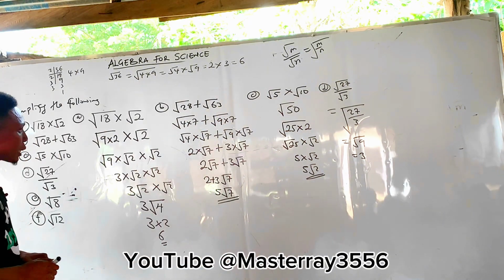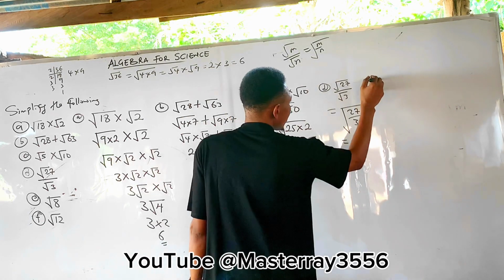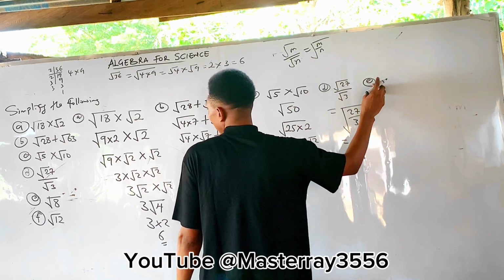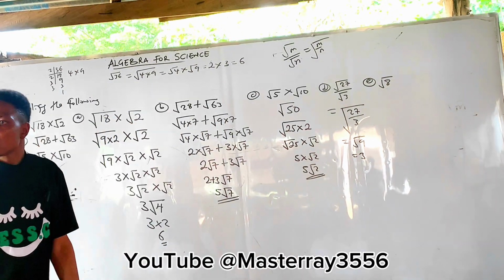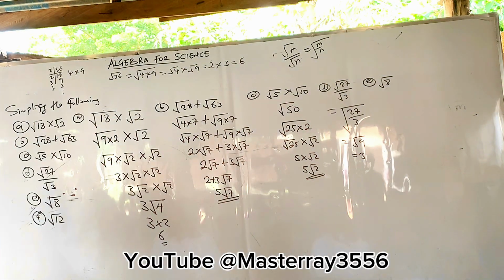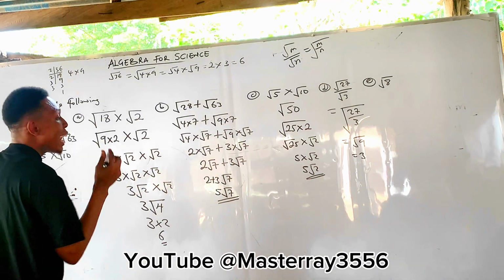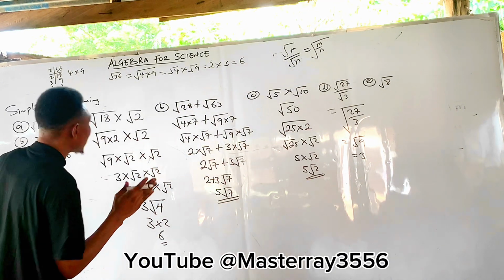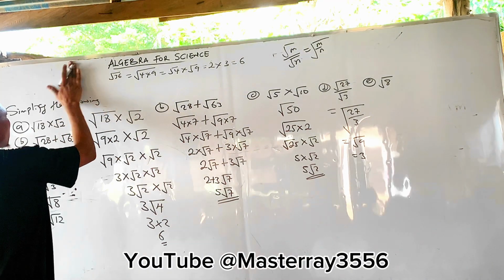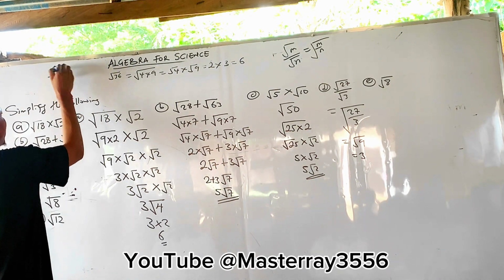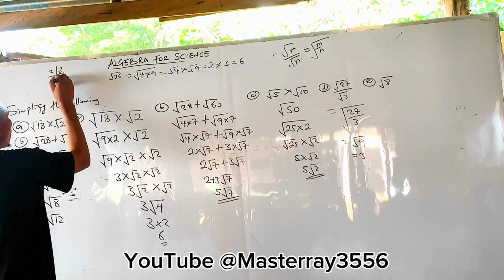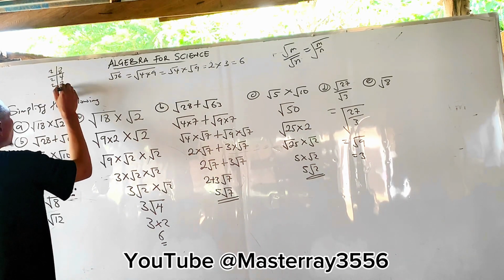So for the E part, we have root 8. Does 8 have a square root? No. What do you do? Look for the LCM. Consider LCM is very important. If you don't know, you go back to primary school. So we have 8. So 2 into 8, 4. 2 into 4, 2. 2 into 2, 1.